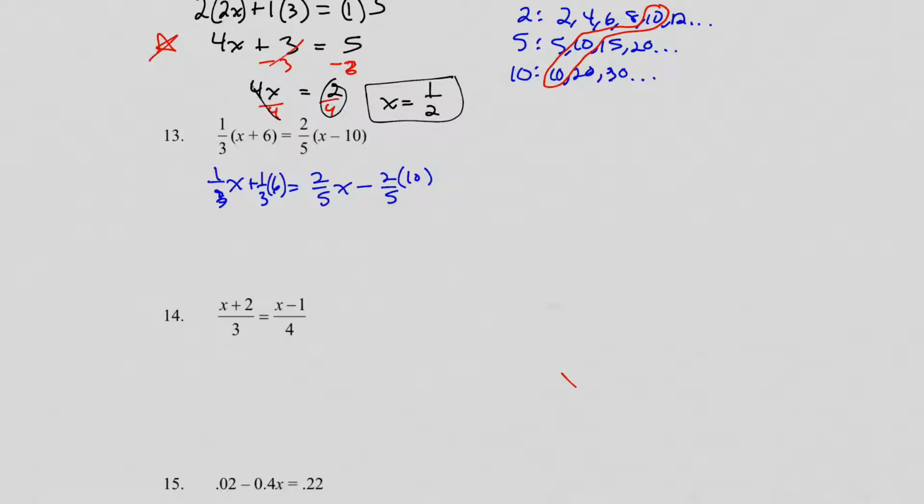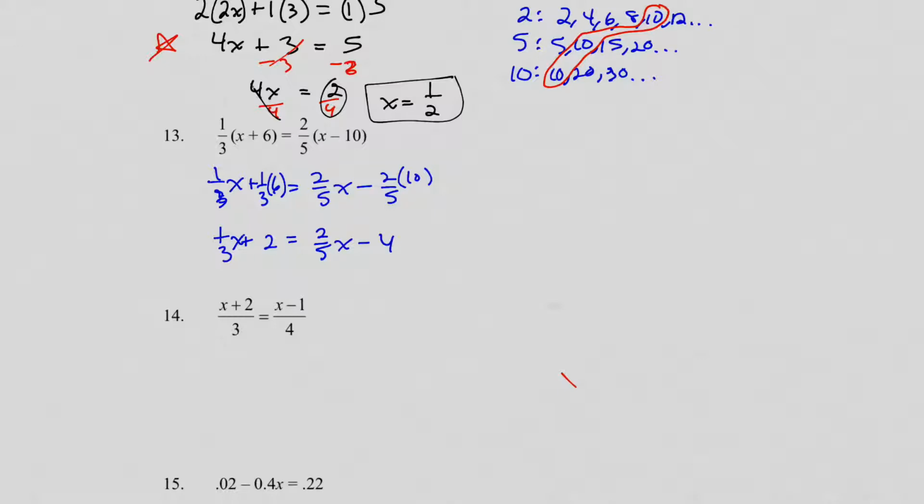Okay, and it's just not very pretty here. So 20 divided by 5 is 4.